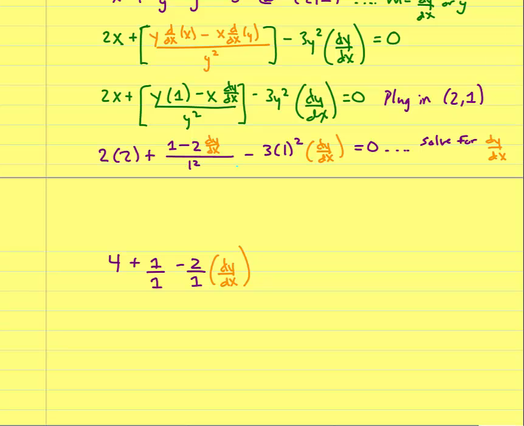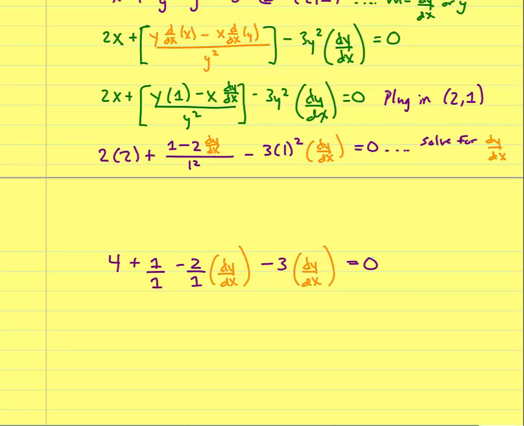Quite a few things I could have done there. Another thing I could have done is just look at 1 squared to get 1, and that's really the same as just a 1 in the denominator and split that out. Okay, minus 3 times 1 squared is just minus 3 dy dx. And of course this equals 0.